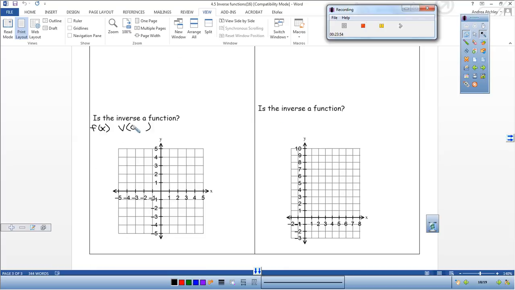So we have 0, and then the k value is 3. So that's your vertex. The a value was 2. So our first step is just to go up 2 and over 1. Up 2 and over 1. And then this is my parabola. Any questions over that?